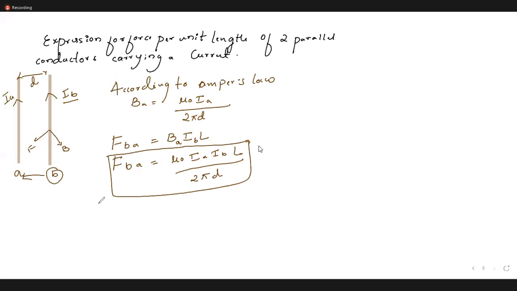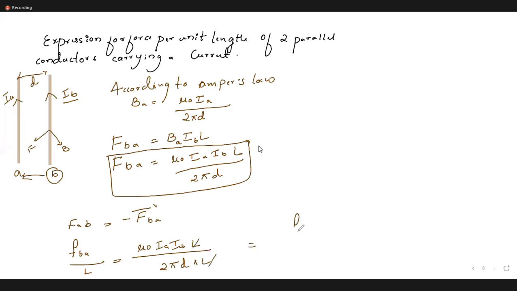Similarly, if you write FAB, it is always opposite in direction to FBA, because the force on A due to B is in the opposite direction. So FAB is equal to minus FBA. Now the force per unit length: FBA divided by L is equal to mu naught IA IB L divided by 2 pi d into L. The L's cancel, so FBA by L is equal to mu naught IA IB divided by 2 pi d.